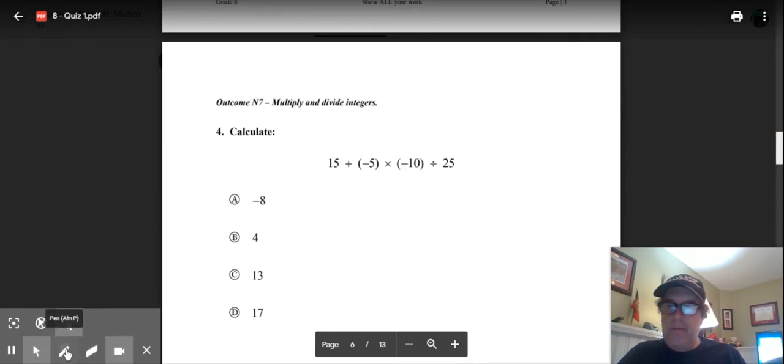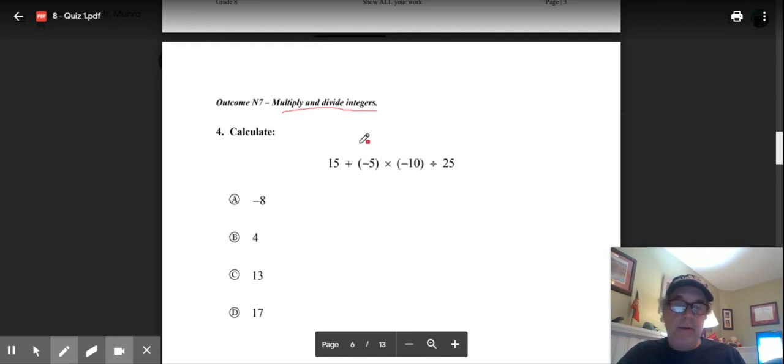Question number 4, we're looking at integers. Right off the bat, I hope you didn't forget order of operations. In this, you've got your multiply first, then the division, and then your addition. So let's do this one first. 15 doesn't change. Your plus sign will stay. 5 times 10 is 50.